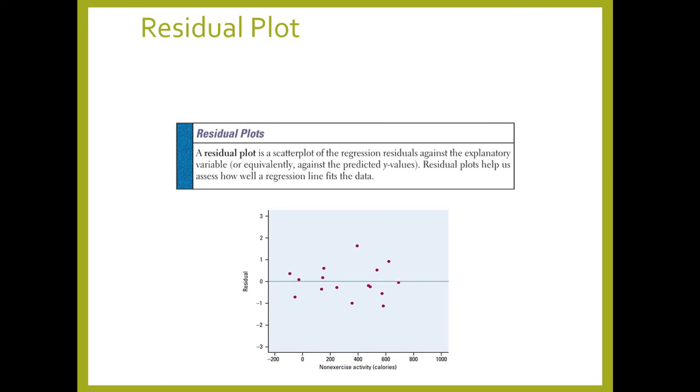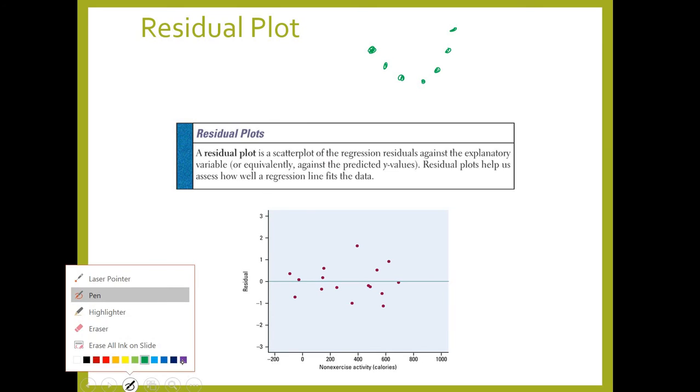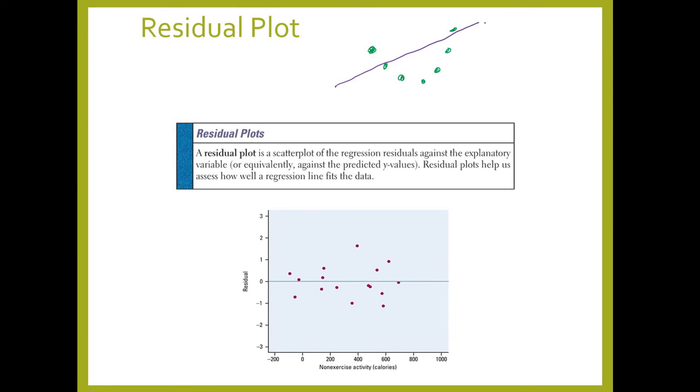We're going to use residual plots to help us tell if a least squares regression line is a good fit. The way you know is if your residual plot is random, it means that a line is a good fit for that data, because your points are just bouncing around, not in a predictable way. Whereas if I had a parabola and I drew a line through it, then I would get a pattern in my residuals.